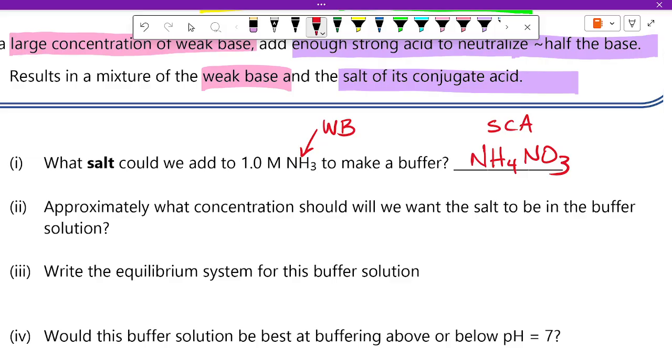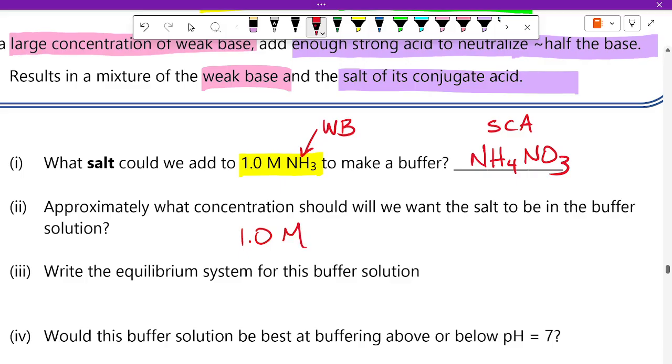What concentration would we want the salt to be approximately? About 1 molar. We're not adding a strong acid to neutralize half of it. We're actually just directly adding the salt this time.